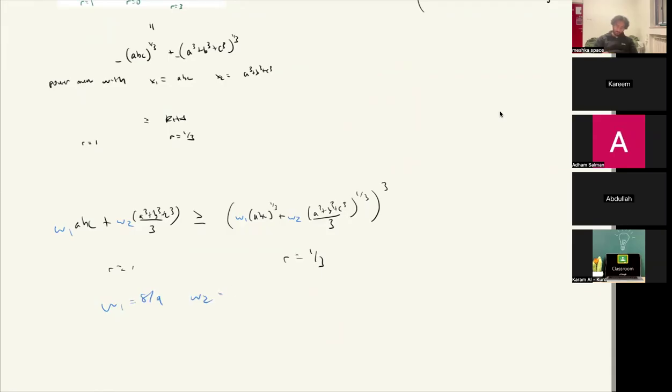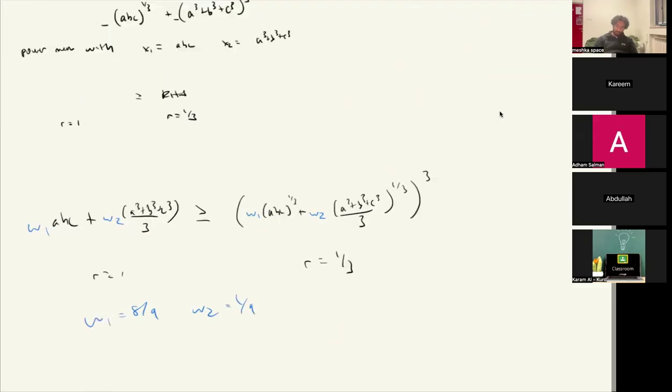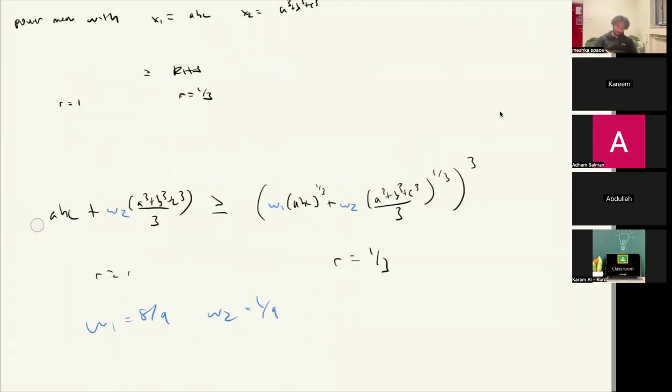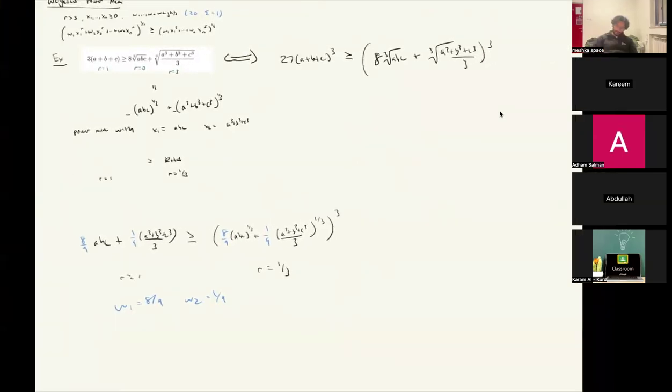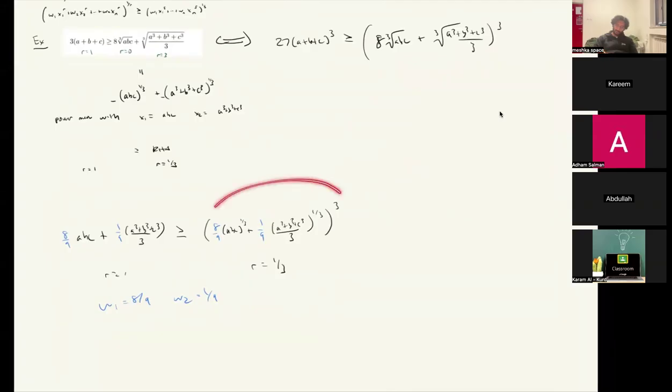Okay, so now what's the inequality? Here we have basically the right-hand side.